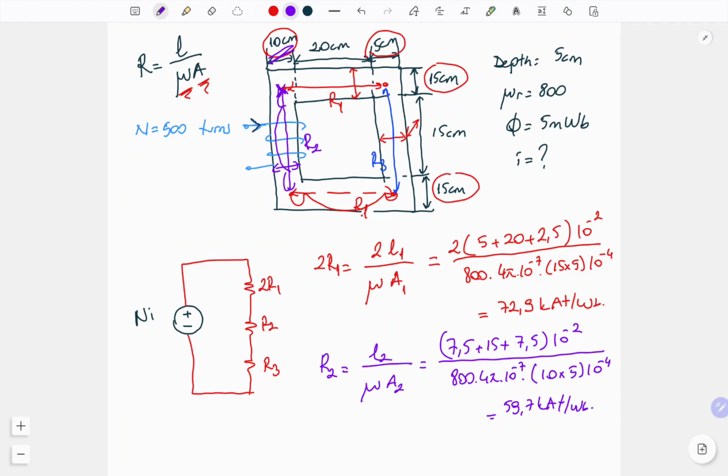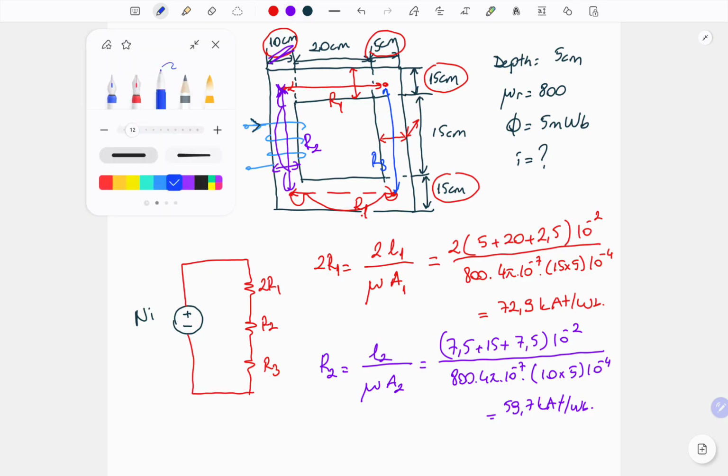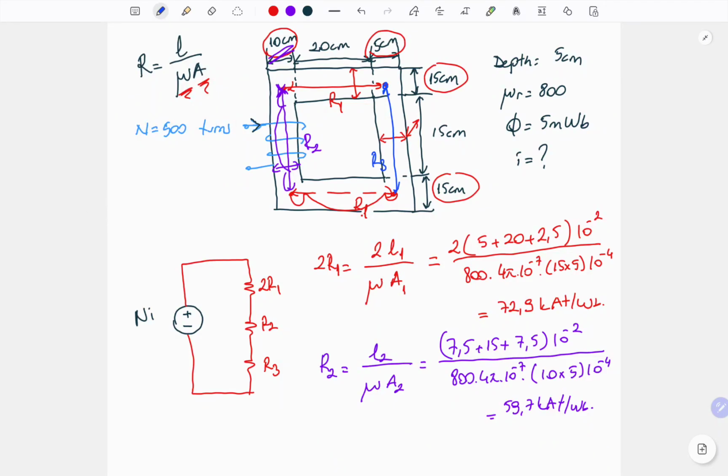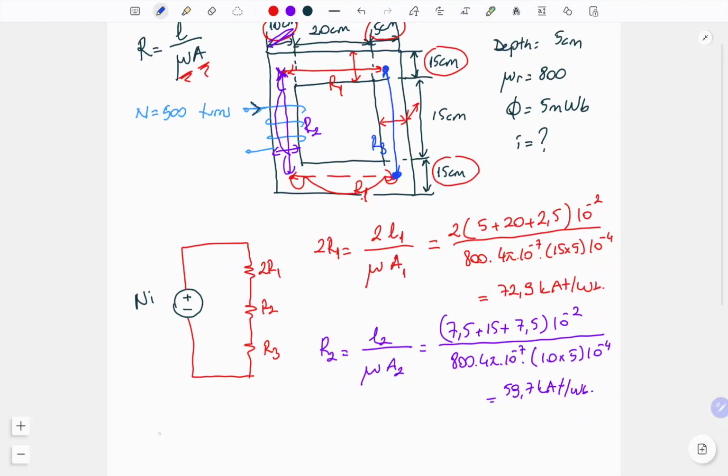What about the third one? It will be the last one for this example. For R3, we have the same mean path length as R2. There is no difference. They are starting from the up and down with the same dimensions. So because of this, for R3, we can use the L3 over nu A3 equation.